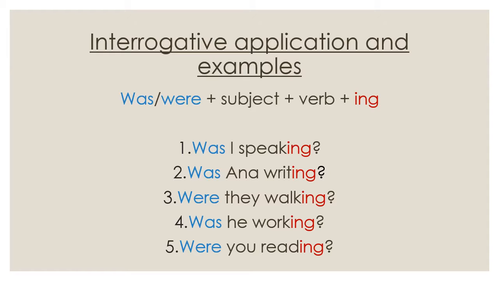And here are a few examples. Number 1. Was I speaking? Number 2. Was Anna writing? Number 3. Were they walking? Number 4. Was he working? Number 5. Were you reading?